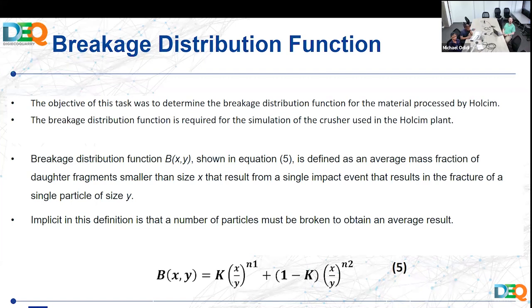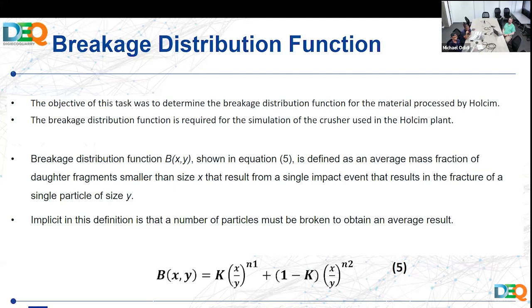So what is the breakage distribution function actually looking at? It's looking at the B value there. It's just looking at the average mass of daughter fragments that are smaller than size X that were generated by a single impact event from a particle of size Y. It's the progeny size distribution generated by a single impact event on the particle.